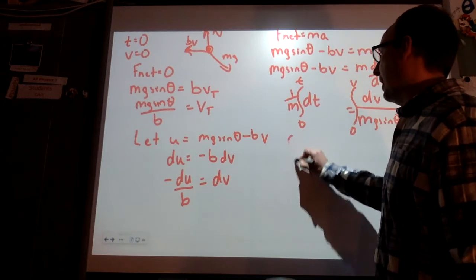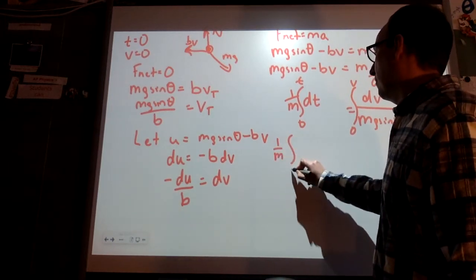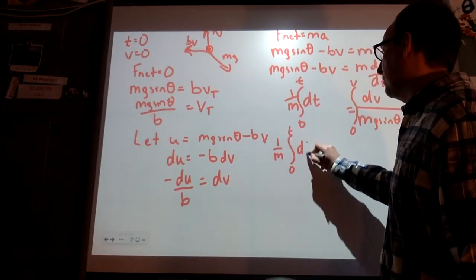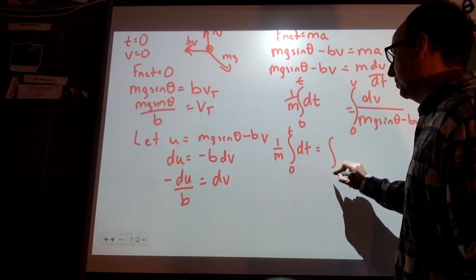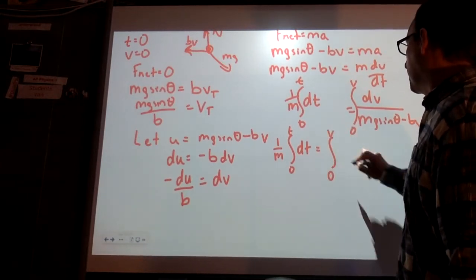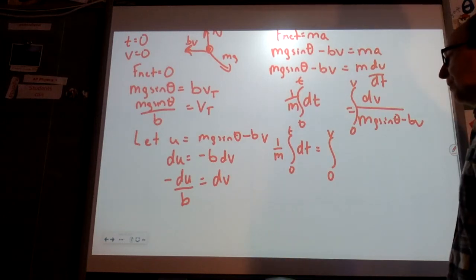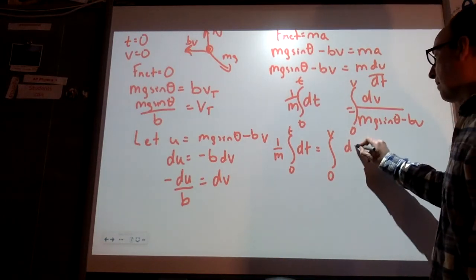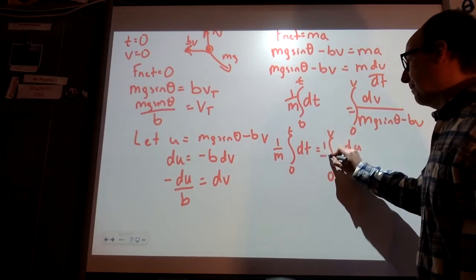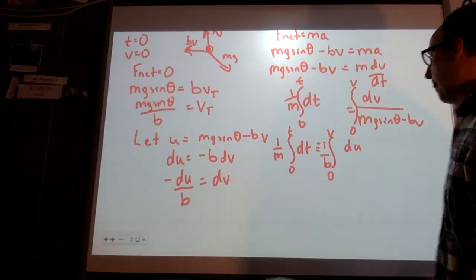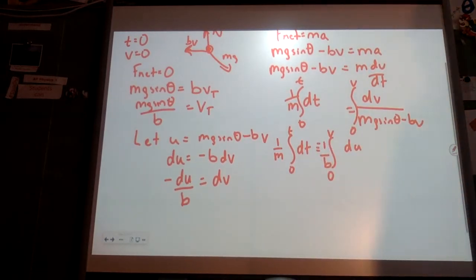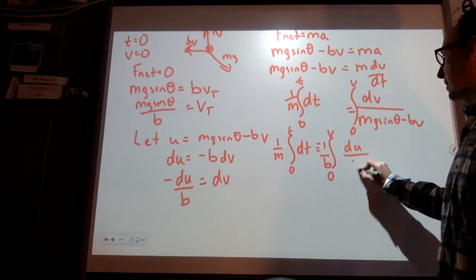And so I'm going to have 1 over m integral from 0 to t of dt is equal to, from 0 to v, dv is negative du over b. So I'm going to put that on the outside of my integral, over u.